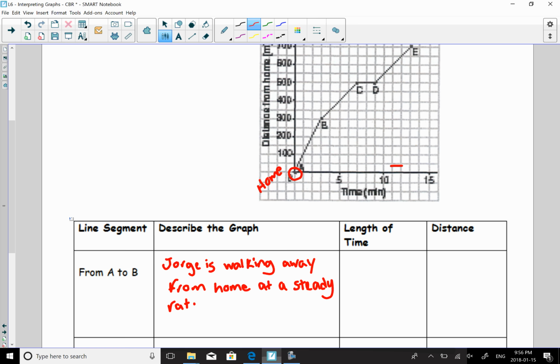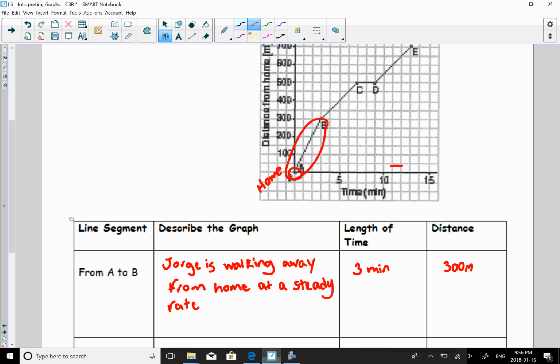So let's see. He's gone for 1, 2, 3 minutes. And he goes a distance of 300 meters. So that's AB. That's right here.